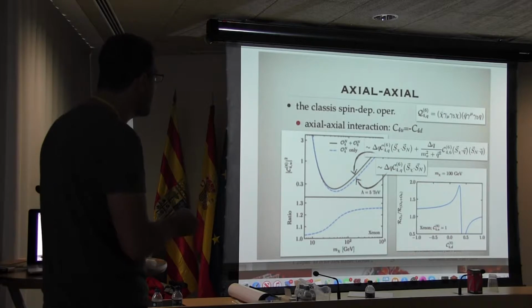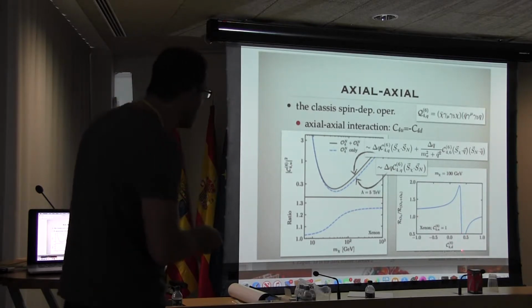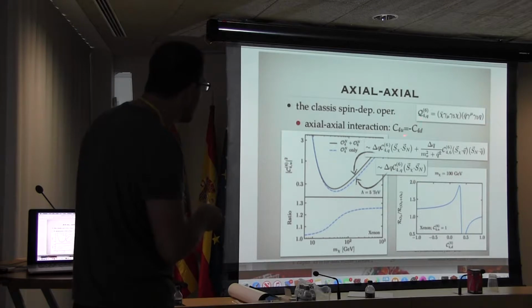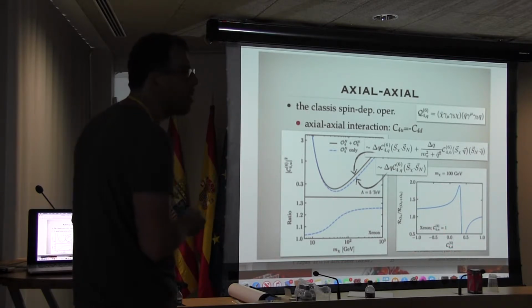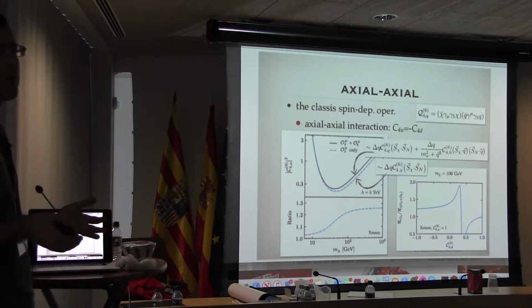Actually, when I said order 1, numerically this means more like 20% unless you cancel the two contributions. So what's plotted here is, instead of fixing this ratio, you take the coupling to up quarks to be 1, and then you vary the coupling to d quarks, and you see that it's never really big, this correction.